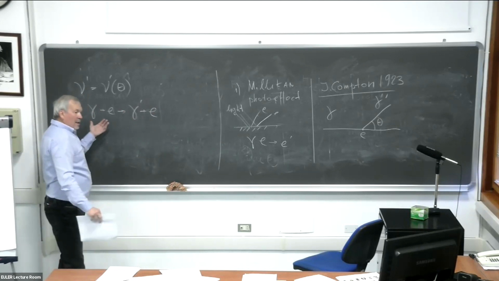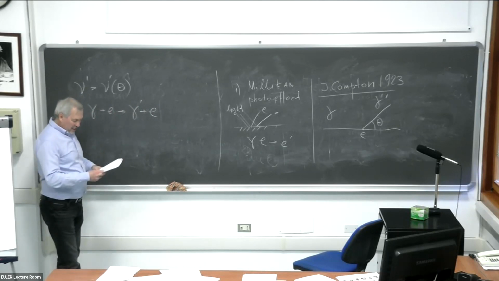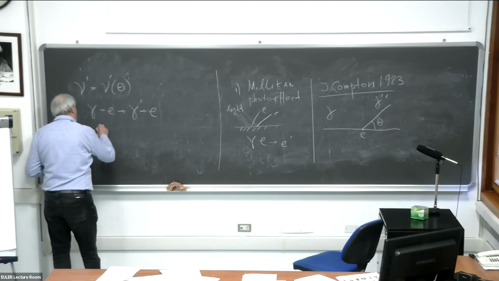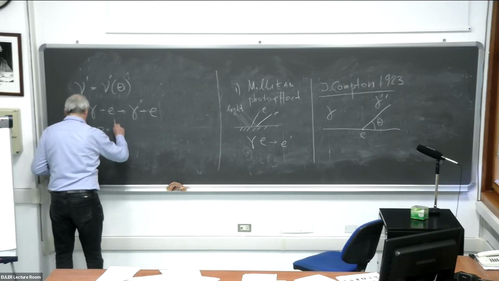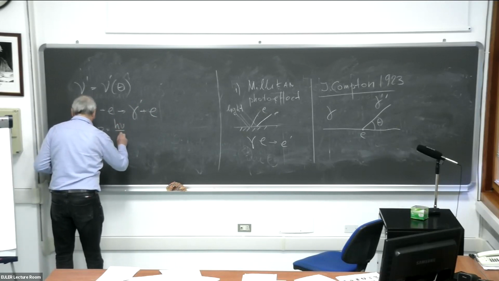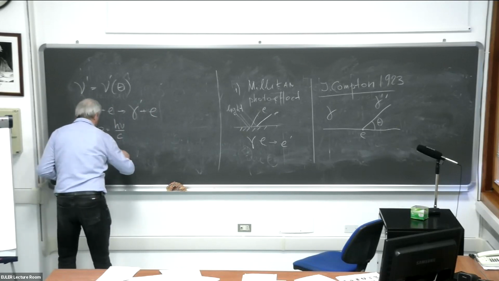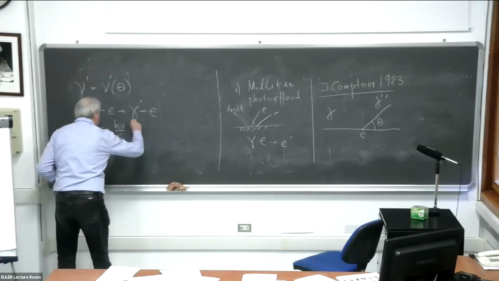And if gamma really is a particle, you can just apply energy momentum conservation, taking into account that the momentum of gamma in the initial state is h nu over c, and the energy of the initial state is h nu.